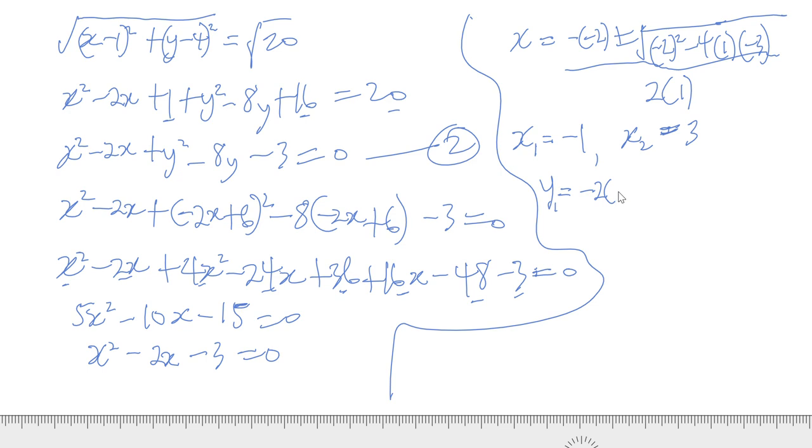Now the value of x1 is minus 1. And this gives y1. For y2, we substitute x2 into equation 1. And we have it this way.